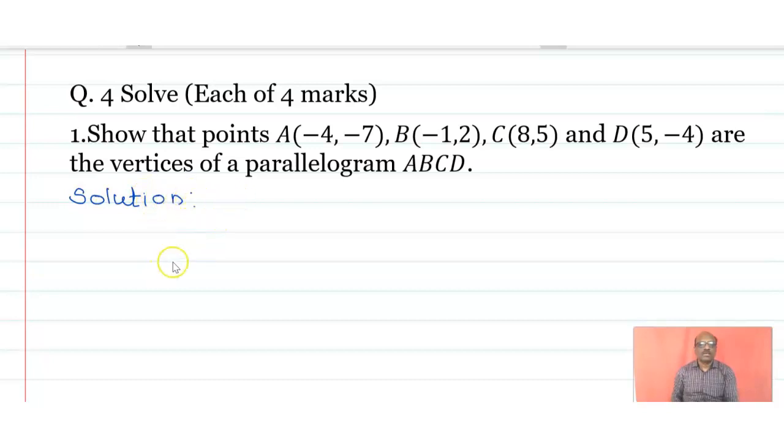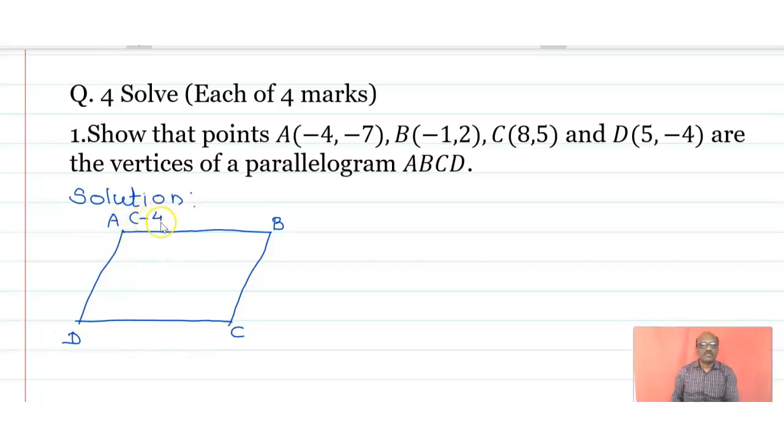Suppose we draw the figure and join A, B, C, and D. A is (-4, -7), B is (-1, 2), C is (8, 5) and D is (5, -4).